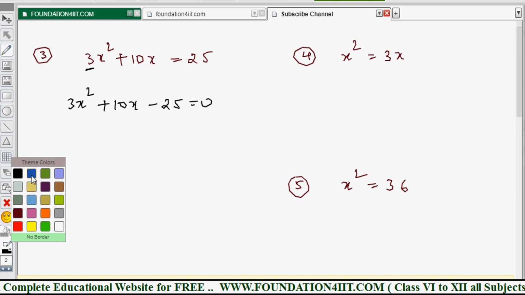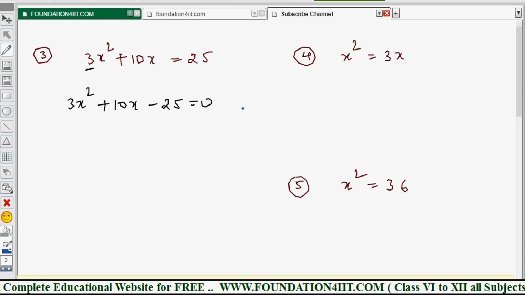When we multiply these, we get minus 75, and we should split it into two parts whose sum is 10. The factors of 75 are 15 and 5, but 15 plus 5 is not 10, so we take a minus here. So 15 comma minus 5. 15 into minus 5 is minus 75, and 15 minus 5 gives 10.